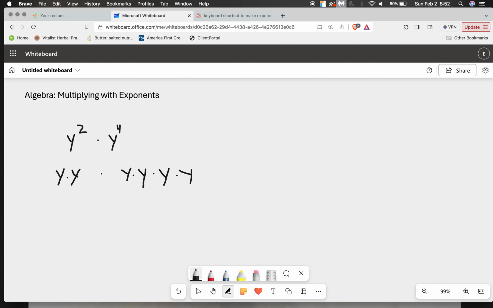Well, if you're looking at that, how many y's do we have? Y times y times y times y times y times y, that equals 6 y's. So we could rewrite this problem, and the answer to this problem would be y to the 6th, a separate way to write this really lengthy and bulky problem. So y squared times y to the 4th would be the same as y to the 6th.